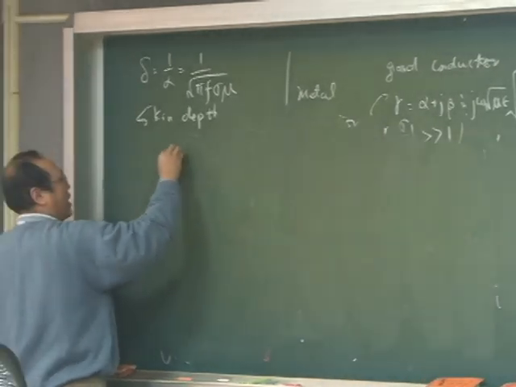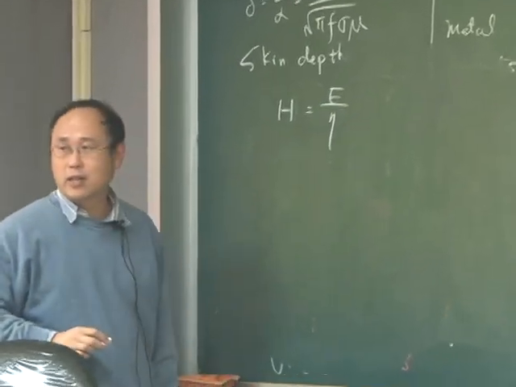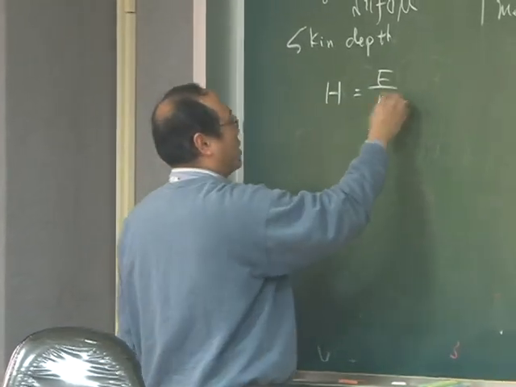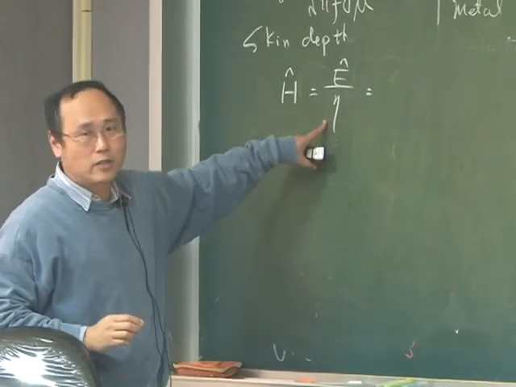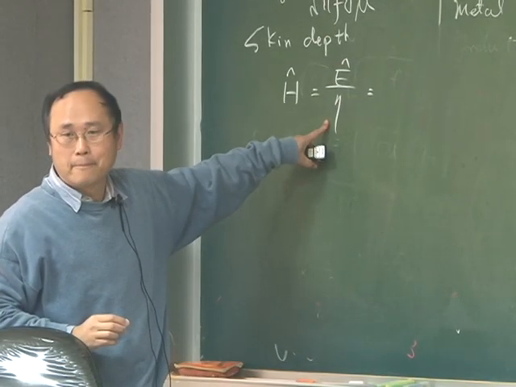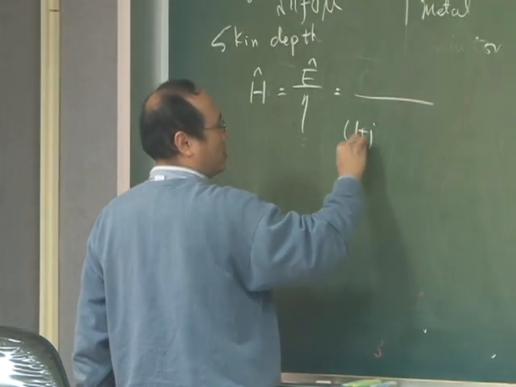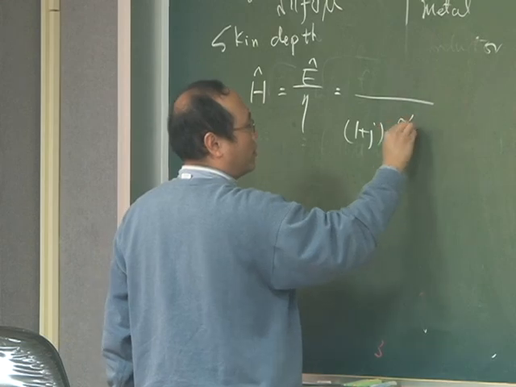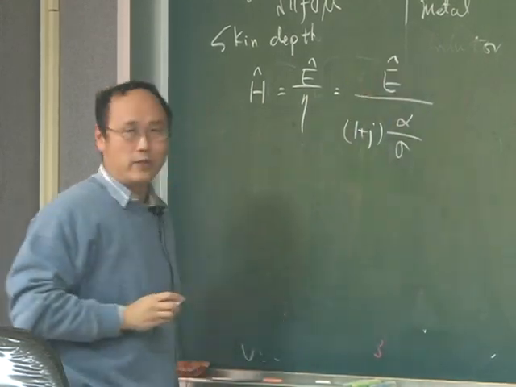So now your H is equal to E divided by eta, and this is phasor. You calculate this eta equal to 1 plus j, and then alpha over sigma, and then you have electric field.